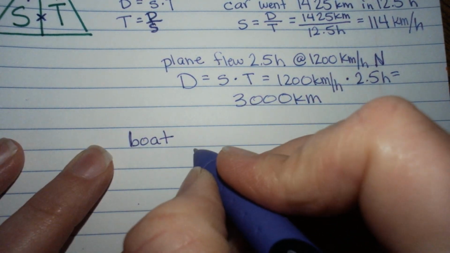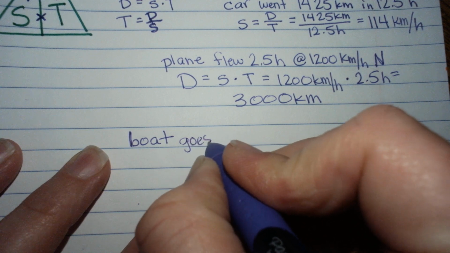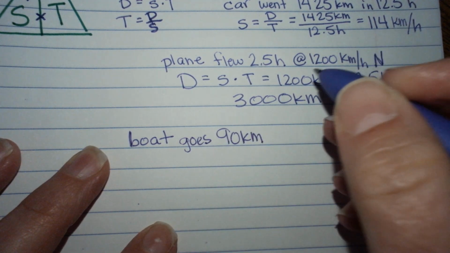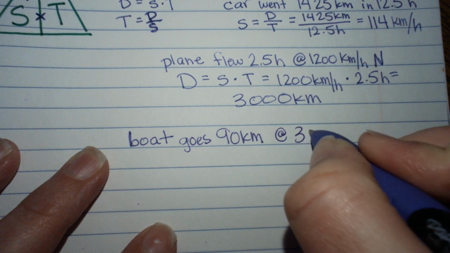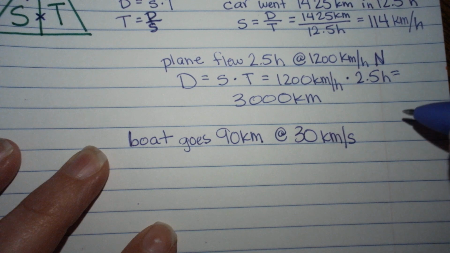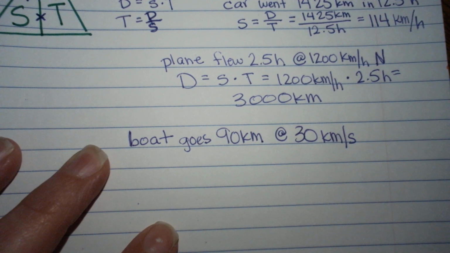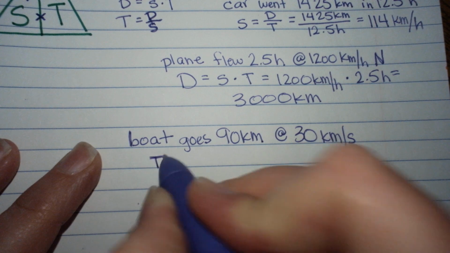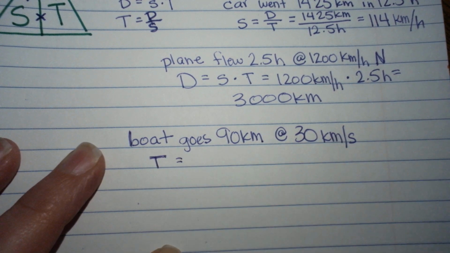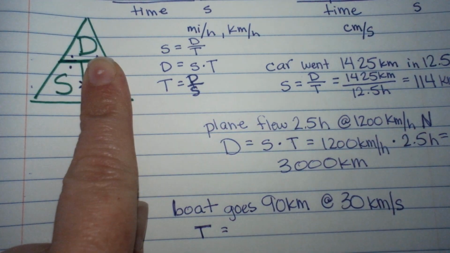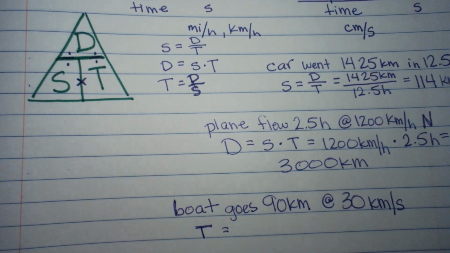Boat goes 90 kilometers at 30 kilometers per second, which is a ridiculous speed. How long will it take to reach its destination? Well, how long will it take is time. So time equals, if I go back to my triangle, distance divided by speed, or I could just go right to my formulas.